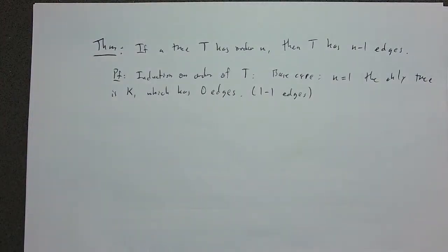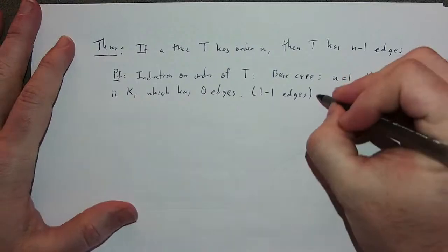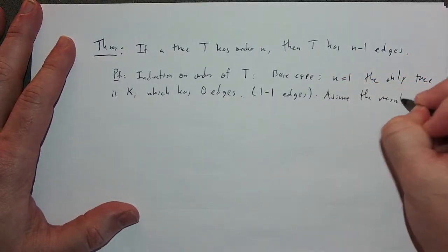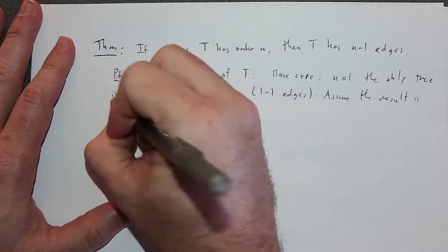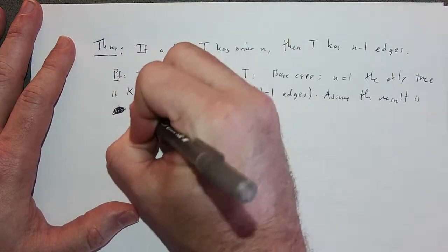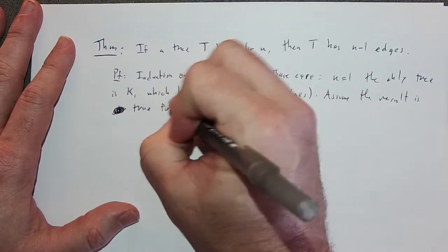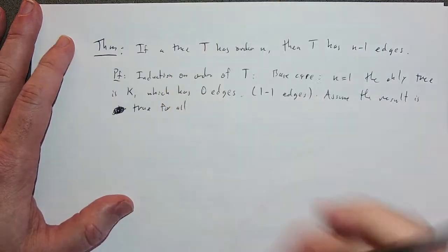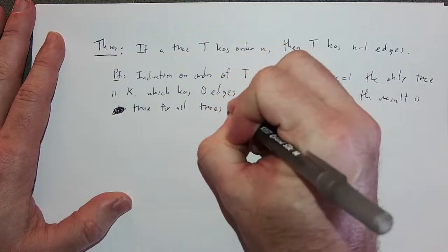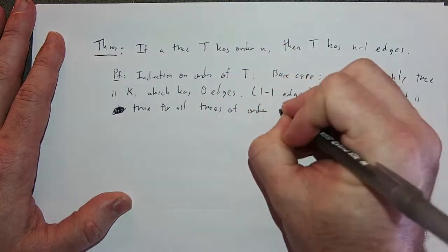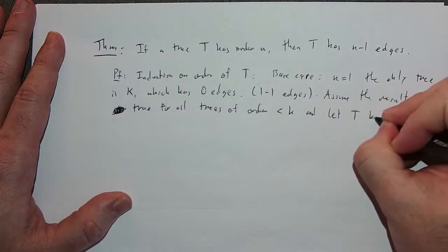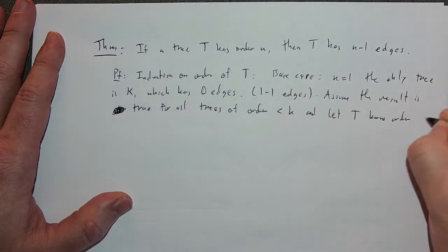Okay. So, assume the result is true for all trees of order less than k. And let T have order exactly k.